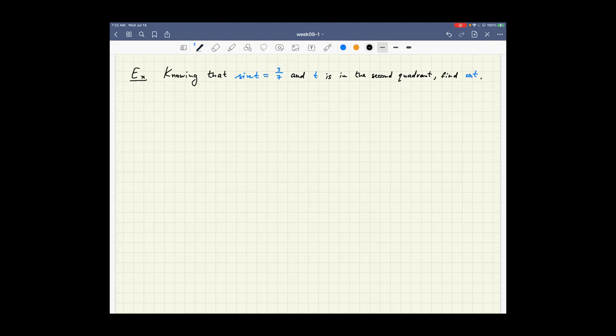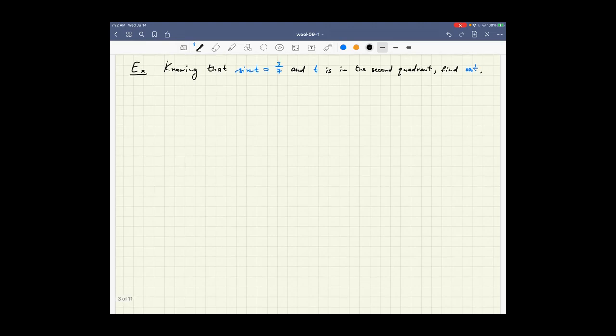It might not be immediately clear what the fact that t is in the second quadrant has to do with this, but it will be clear in a minute.